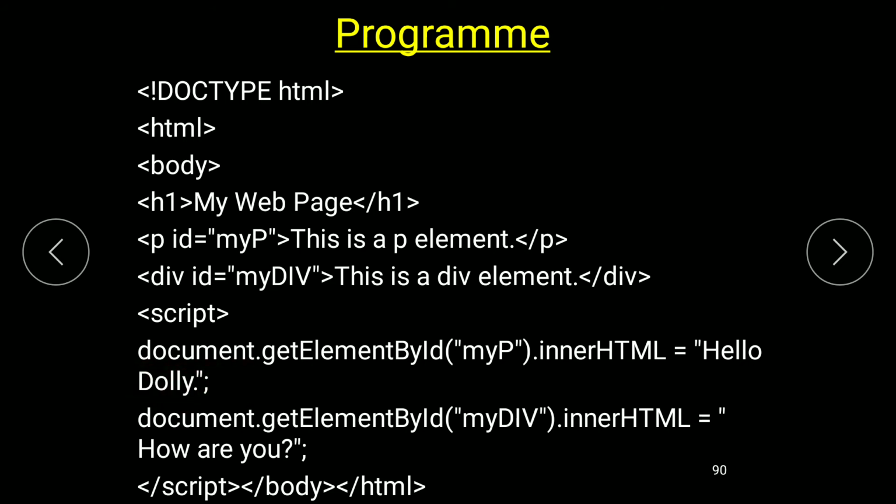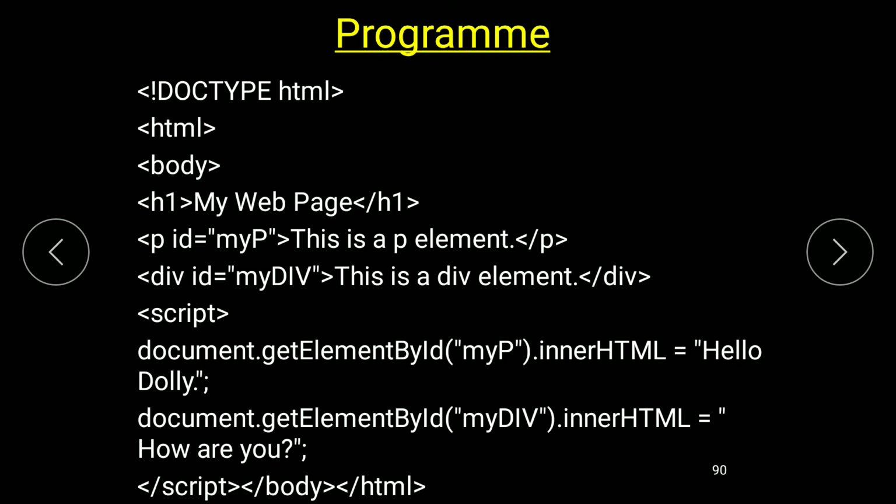So here, instead of this is a p element, I am going to write hello dolly in the paragraph. Whenever you see the output of this program, you will understand it clearly.